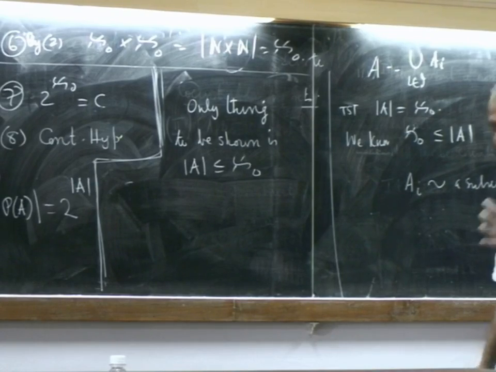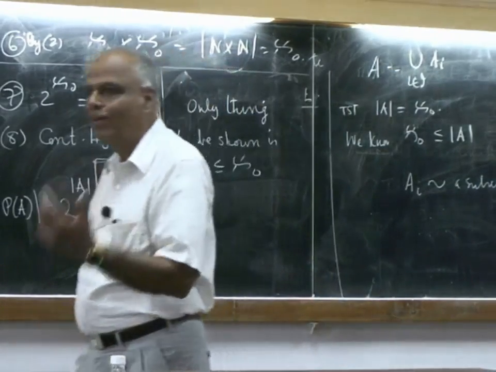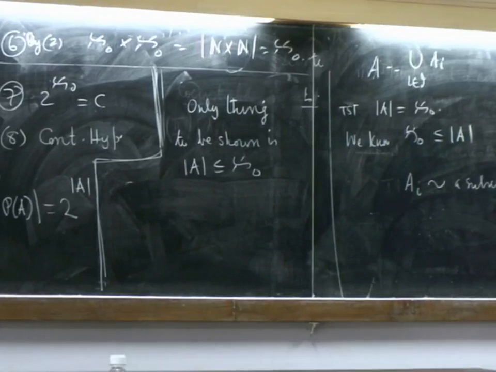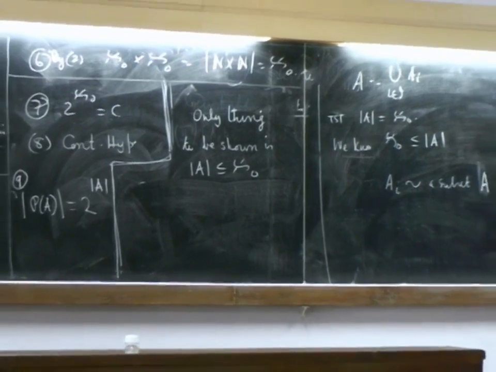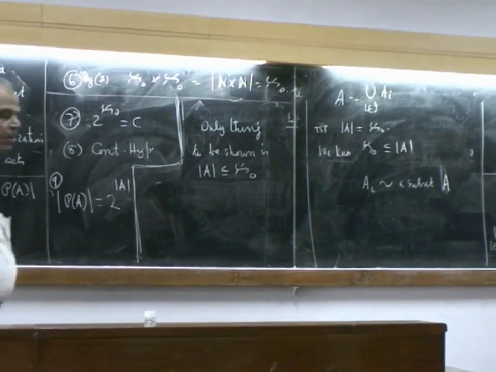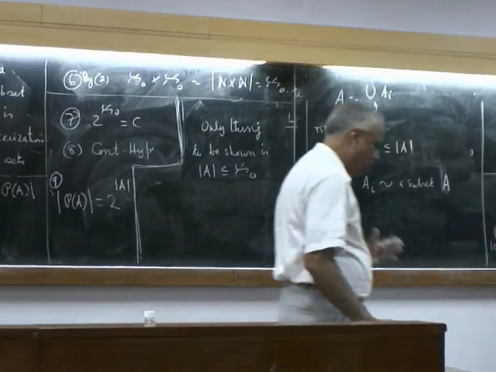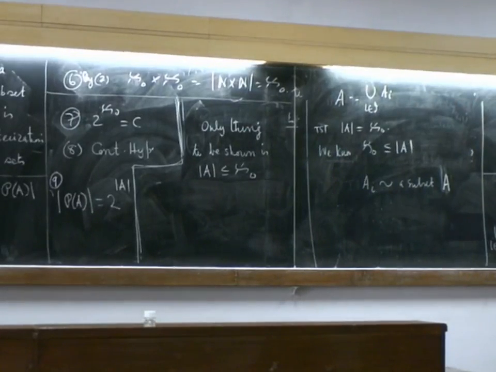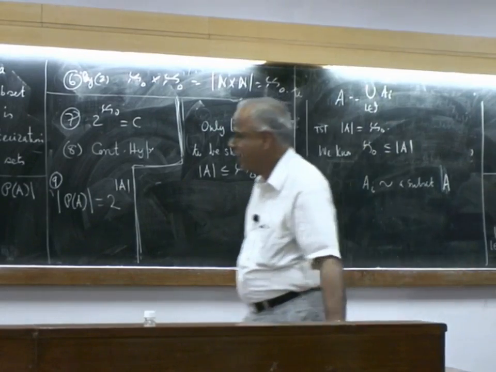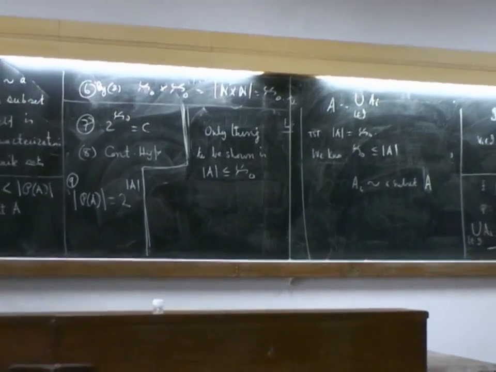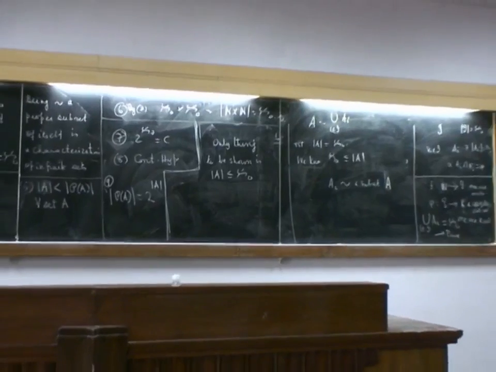Therefore, a countable union of countable sets is countable. That's what the word countable means. I may have finite or I may have countably infinite. So a countable union of countable sets is countable. That is one important observation of Cantor. So we will be using these facts very strongly.